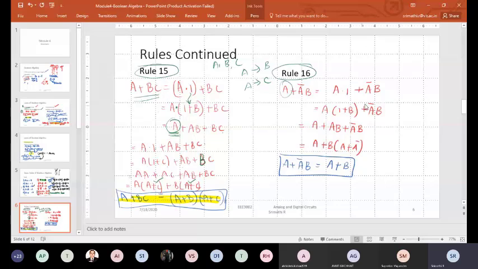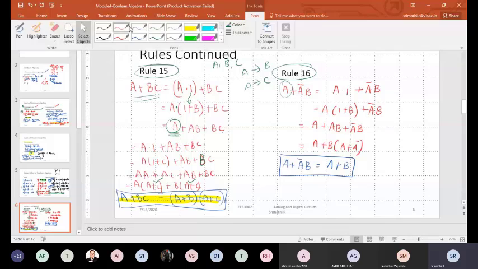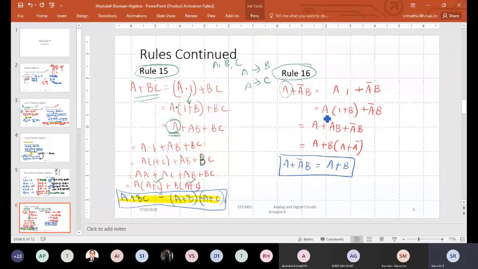So instead of 1, I'm writing it as 1 plus b, and then use the distributive law: a into a plus ab plus a bar b. Now in these two terms, b is common, so we take b common: a plus a bar.